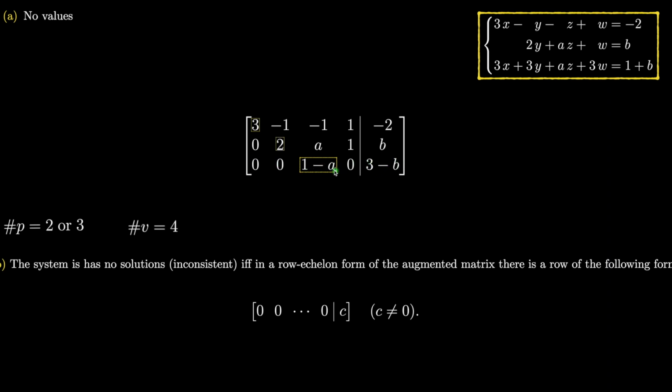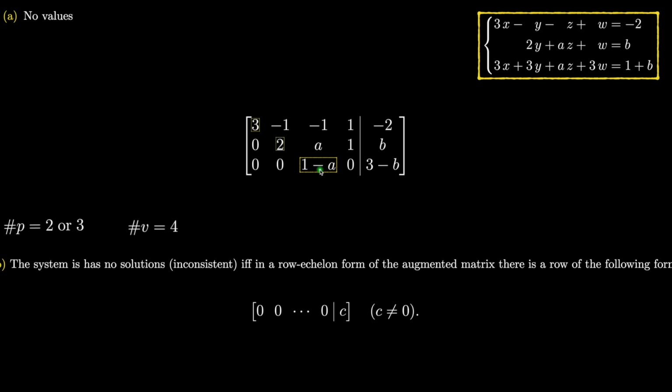Okay, so if I choose A so that this expression is also equal to 0, then I will have 0, 0, 0, 0. And if I choose B in a way that it is not equal to 0, then I reach the goal of inconsistency. Okay, so that is actually the idea.